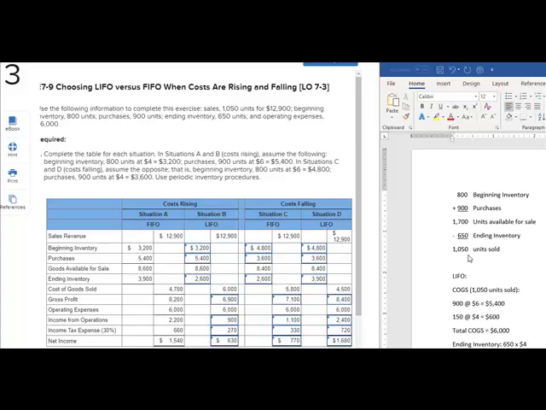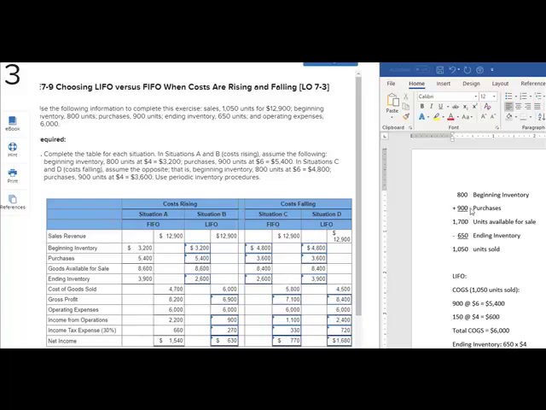So I like to figure out cost of goods sold first, as I said. So I'm going to figure out what it cost us for these units that we sold. Under LIFO, we're assuming that the first units we sold are the more recent inventory purchases.